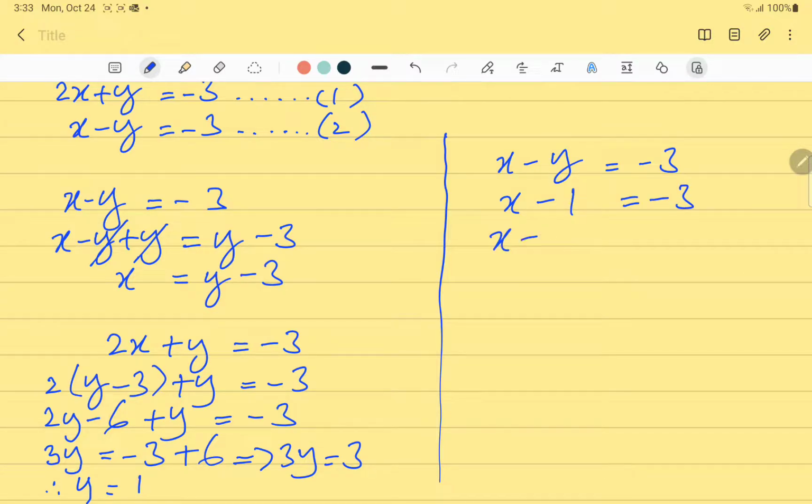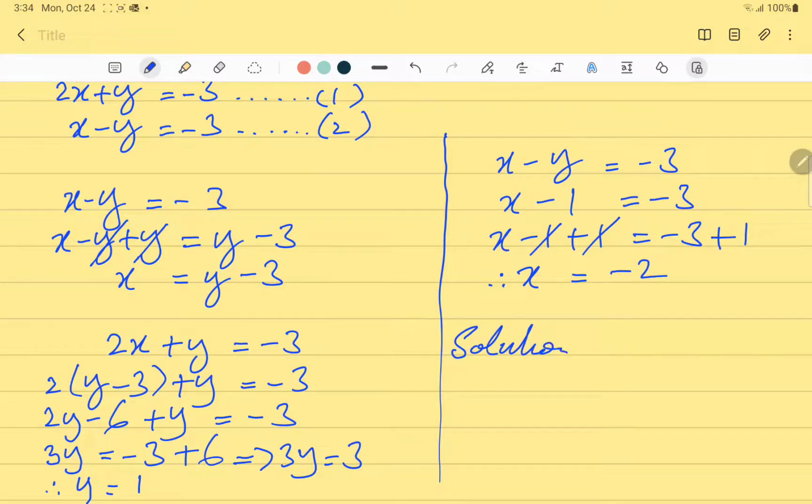Now we add 1 on both sides. -1 cancels with +1. So x comes out to be -2. So our solution set in this case is x = -2 and y = 1, which is the answer of this question.